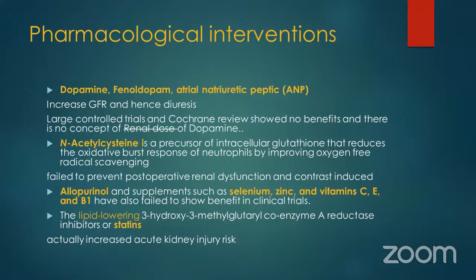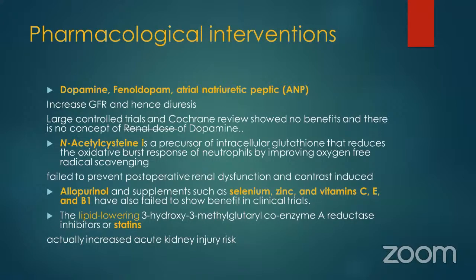But large controlled trials and Cochrane reviews showed that there is no benefit of dopamine, and there is no concept of renal dose of dopamine currently; it's totally an outdated topic now. In the same way, fenoldopam and atrial natriuretic peptide didn't show any great help. N-acetylcysteine is a precursor of intracellular glutathione that reduces oxidative stress and improves free radical scavenging.